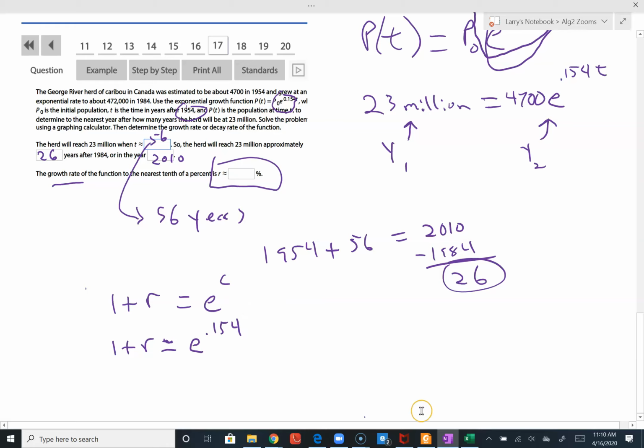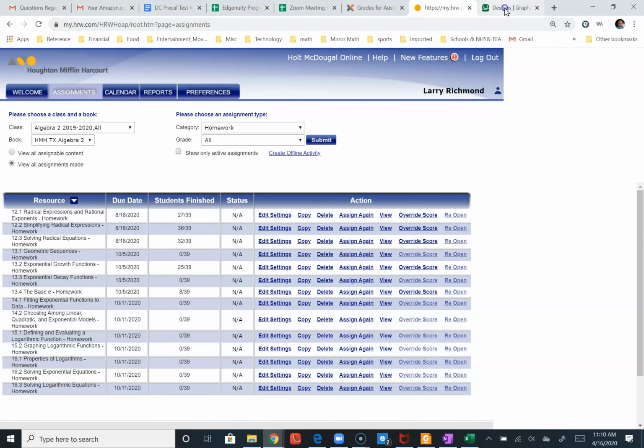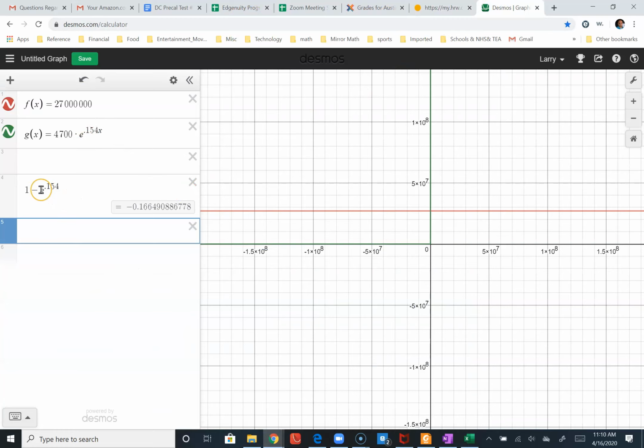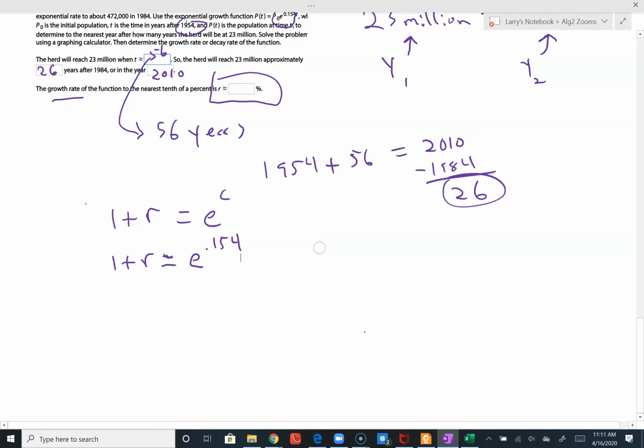Evaluating e to the 0.154. E to the power of 0.154. We get 1.166. So 1 plus r is approximately 1.166.